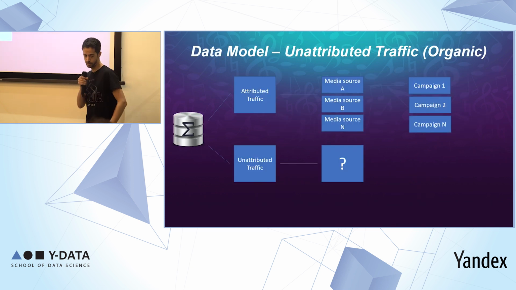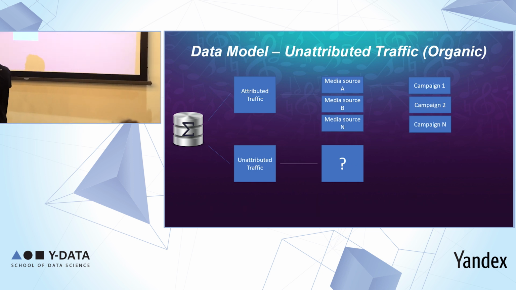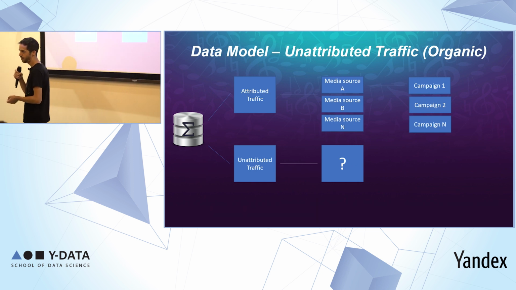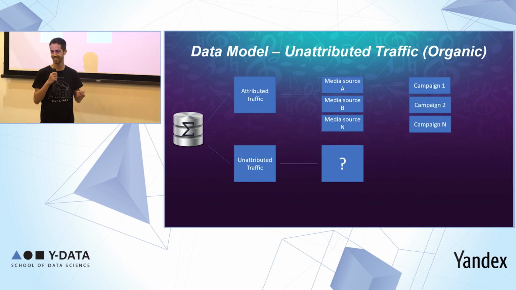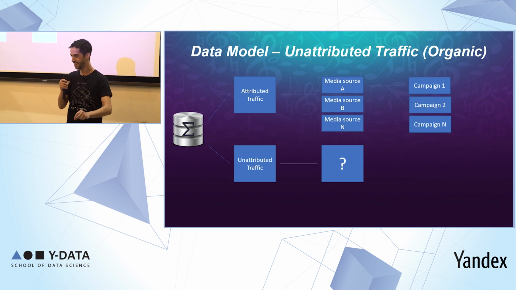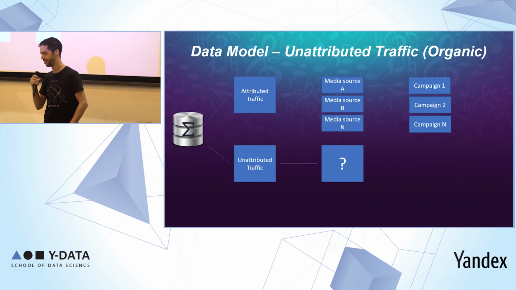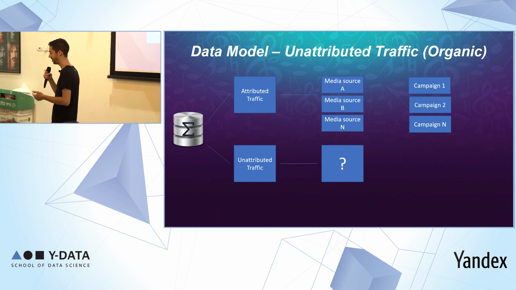As I told you before, 50% of our traffic is unattributed. If you try to imagine how it looks in the training set, it will be one huge bulk of 50% of our data, which is not useful. We can do better if we want our model to perform better.